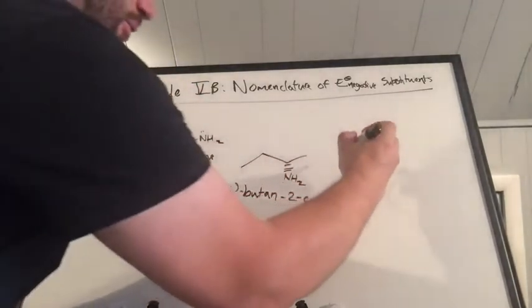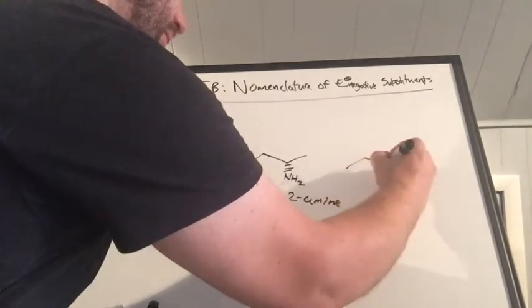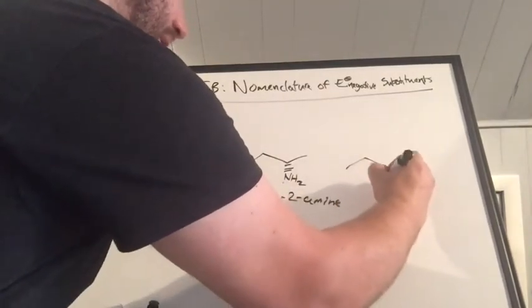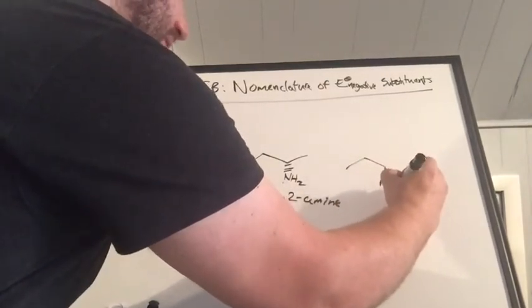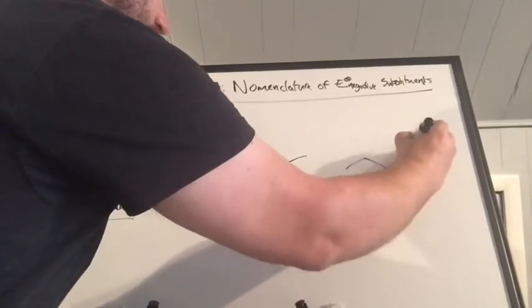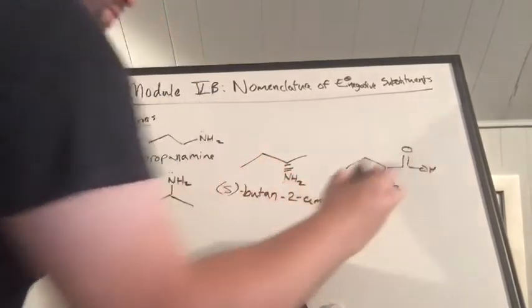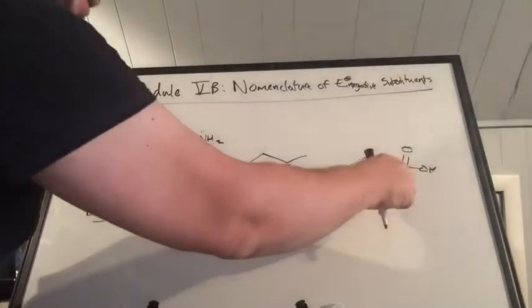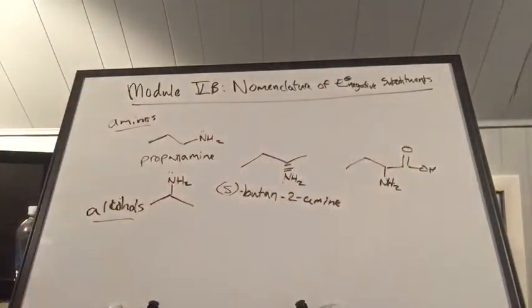So, for instance, if we were to say this were, and I'm just going to ignore the stereochemistry because we have a little bit to cover here, this is going to be 1, 2, 3, 4.